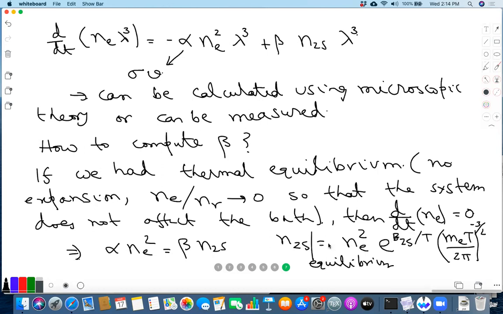Okay. So if you substitute this, we get beta as alpha times e to the minus B_{2s} by T and m_e T over 2 pi to the power 3 by 2.